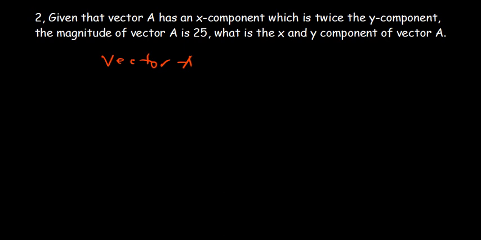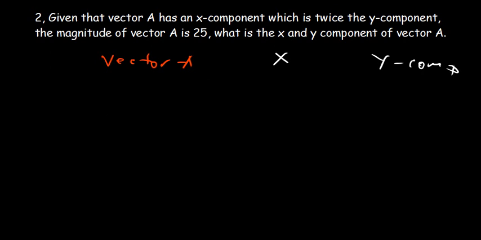So we have a vector A, then we have its x and then its y component, right? Interesting. So we are told the x component is twice the y component.